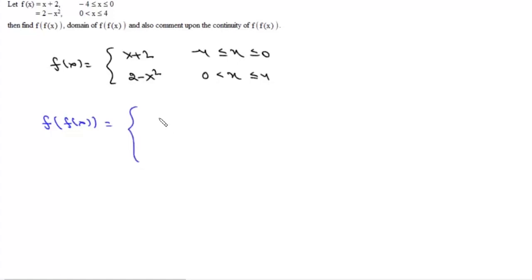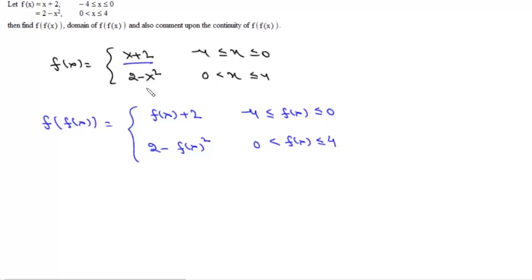Now f of f of x is f of x plus 2 when f of x lies between minus 4 and 0, and it will be 2 minus f of x square when f of x is greater than 0 but less than 4.